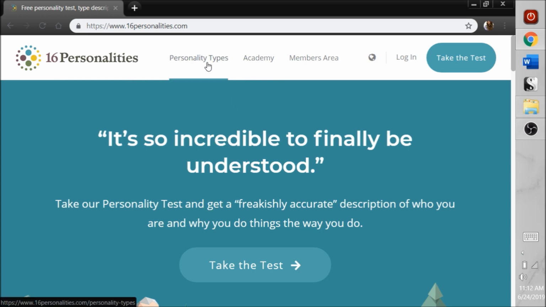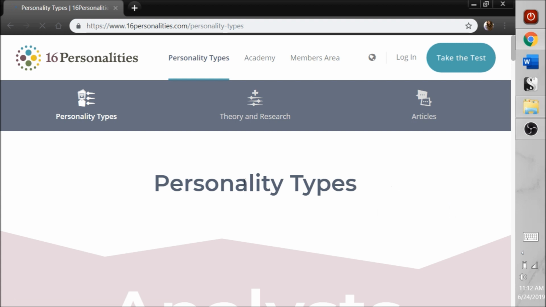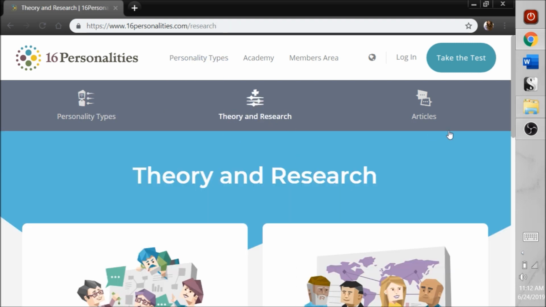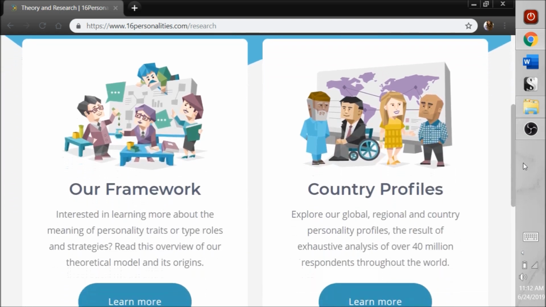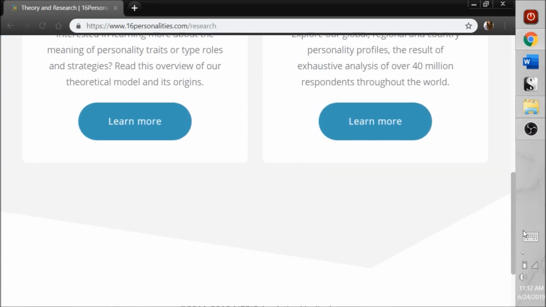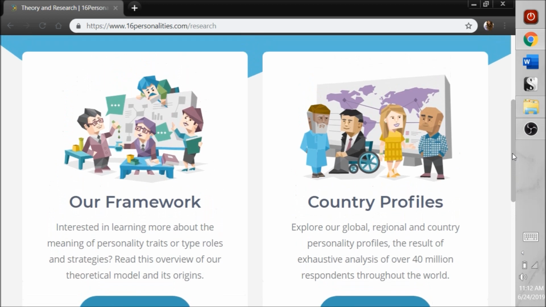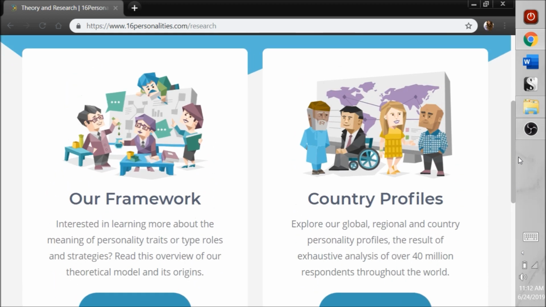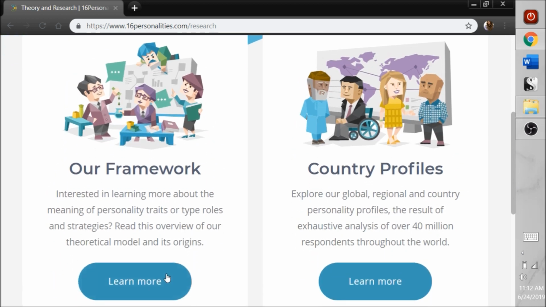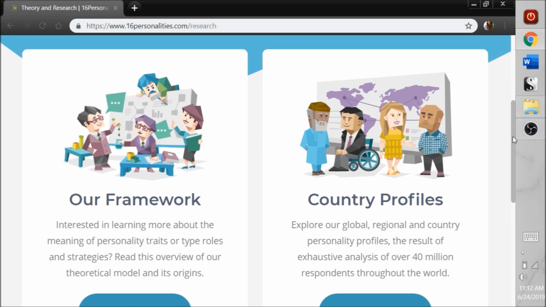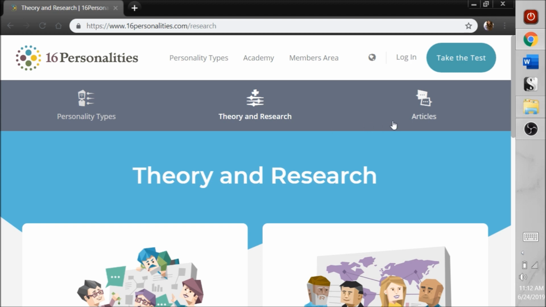So if you do click on personality types up here, you can go to theory and research. And this will talk about the theory and research, how they came up with all these personality types, all of the psychological research that goes into that. You can click learn more here and here to learn more about that if you are curious, but we're not going to talk about that today.